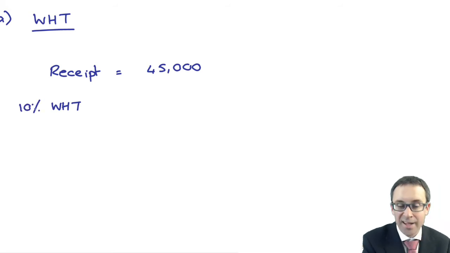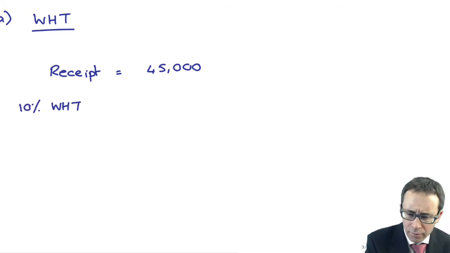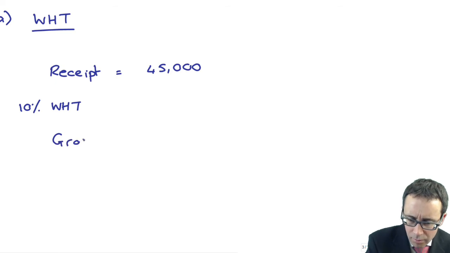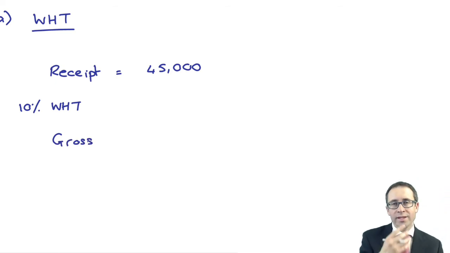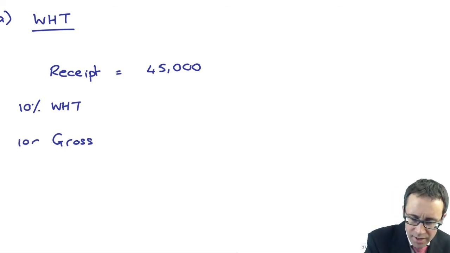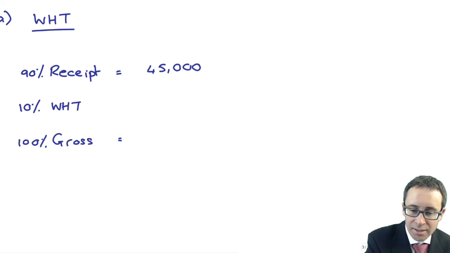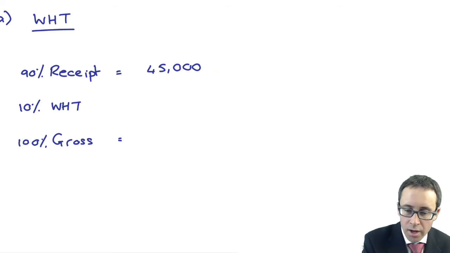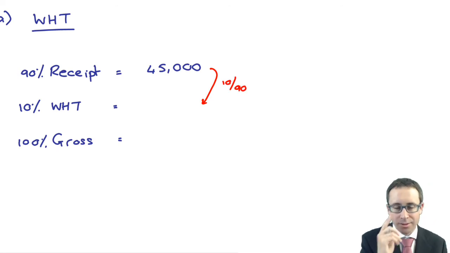You need to be careful, because the withholding tax is applied to the gross dividend. The gross dividend is 100%, so the receipt will therefore be 90%. To work out the withholding tax, it's not 10%, it's 10/90.